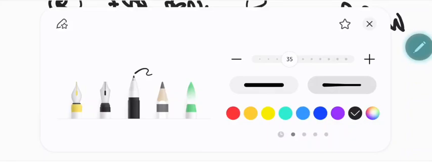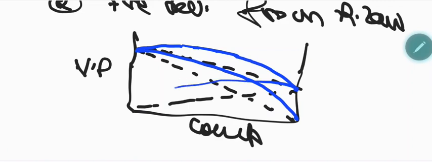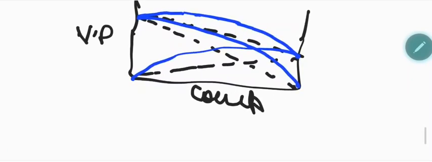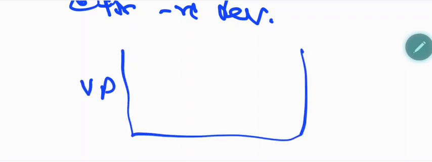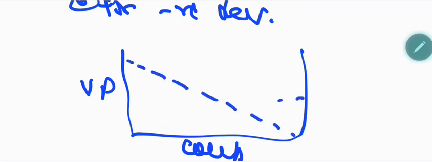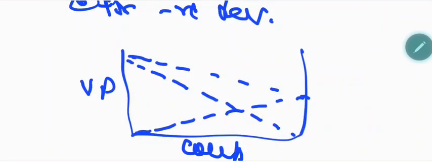But in actual, due to positive deviation, what we obtain are lines above these straight lines. And for negative deviation, if you draw these curves between vapor pressure and composition, the expected lines are this one. Negative deviation means the lines come below the expected ones.